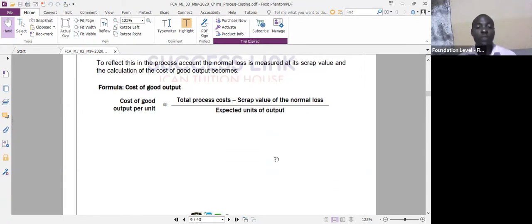So the formula for cost of good units will be total process cost less scrap value of the normal loss, divided by expected units of output.